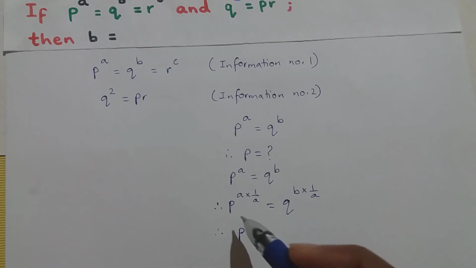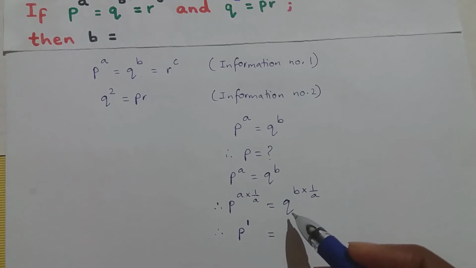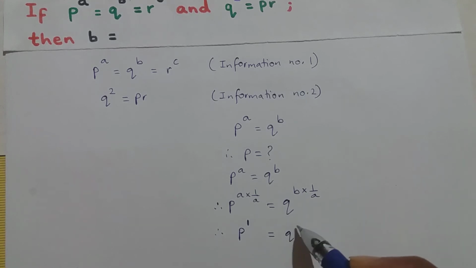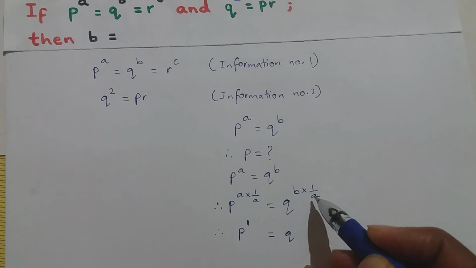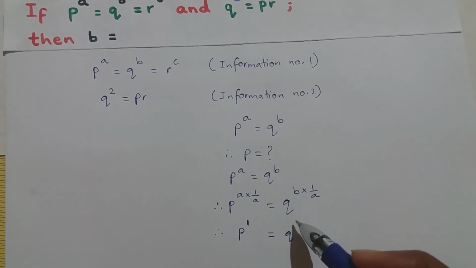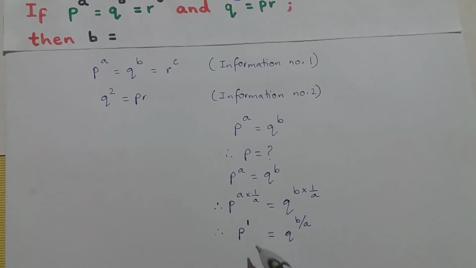So it becomes p to the power 1 equal to q to the power b into 1 by a. b into 1 by a is b by a. So p to the power 1 is equal to q to the power b by a.